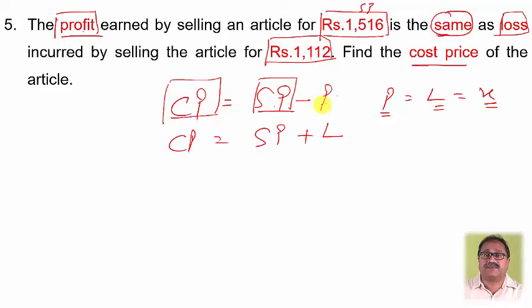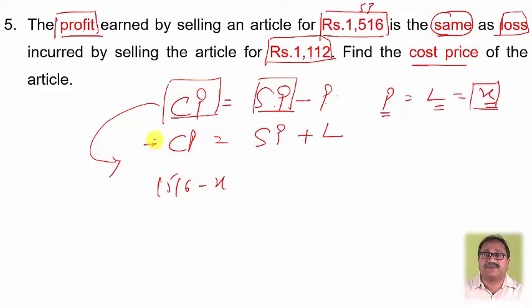So selling price minus profit. And how much is the profit? The profit is x. So let's use this formula for first expression, that cost price is equal to 1516 minus x. This is cost price.